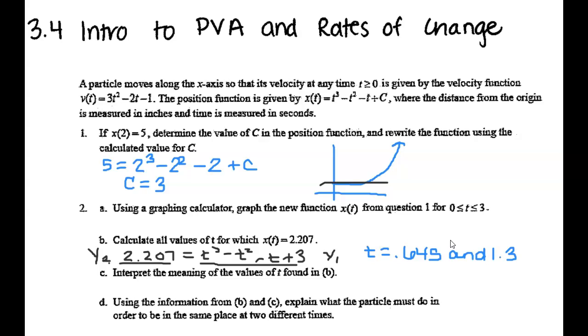Those 2 answers represent the time at which the particle is 2.207. So again, it says interpret the meaning found in B. So again, it means these are the times at which the particle is 2.207 inches to the right of the origin.